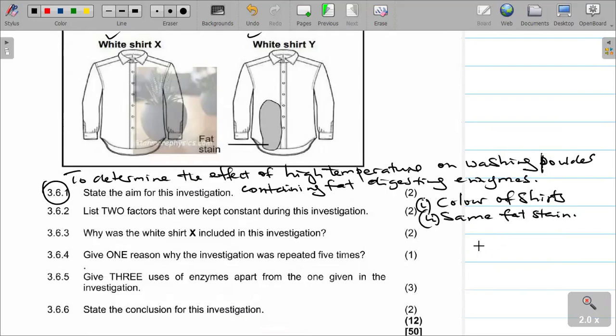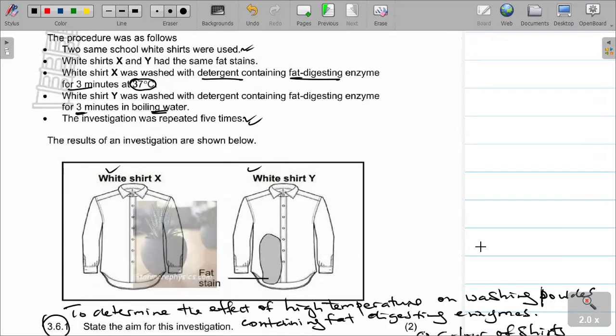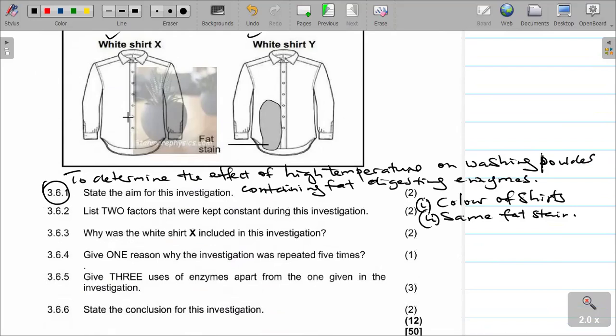We also see that it was washed for 3 minutes, so the time for washing was also kept constant. And then we are also told about the detergent, so the type of detergent was also kept constant.